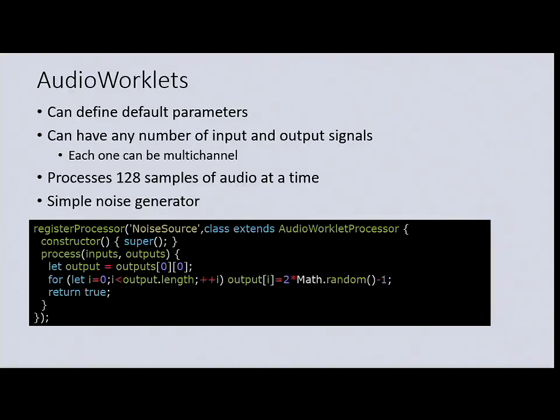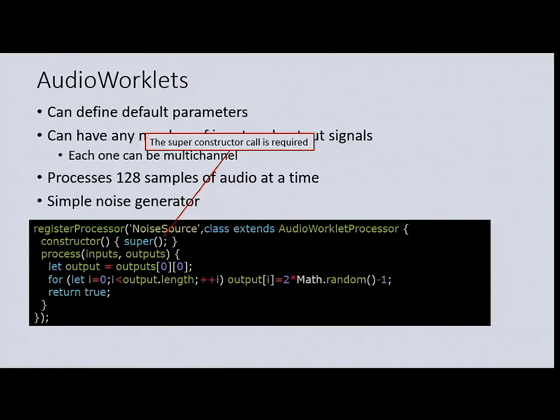Here I just define output as the output, so there's 0th signal, 0th channel, and then for every one of the samples, they are equal to 2 times a random number minus 1. So why did I do it like that? So it's a random number between -1 and 1, because the random number in JavaScript is only between 0 and 1.